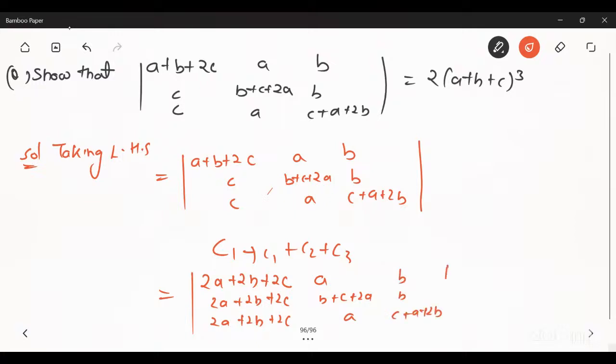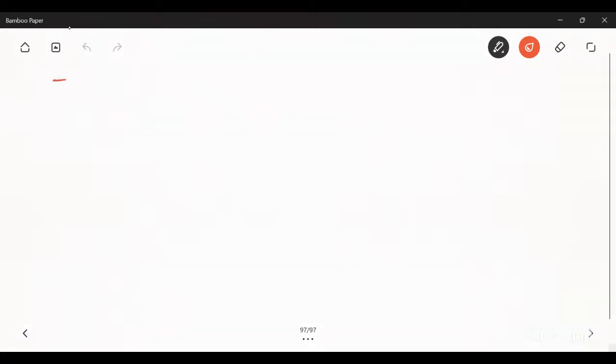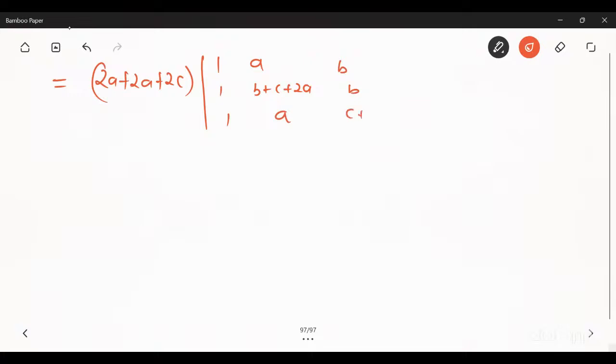Now taking 2a plus 2b plus 2c common from column 1, after taking common we get 1, 1, 1, a, b plus c plus 2a, a, b, c, c plus a plus 2b.